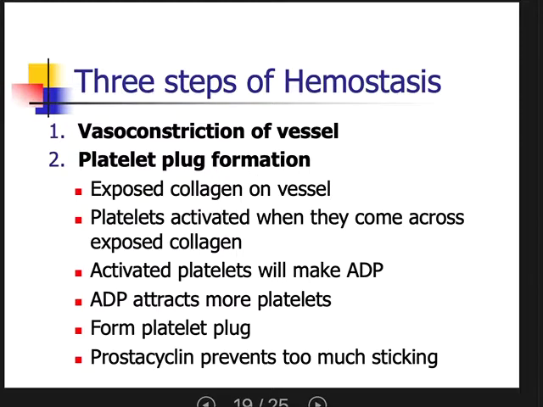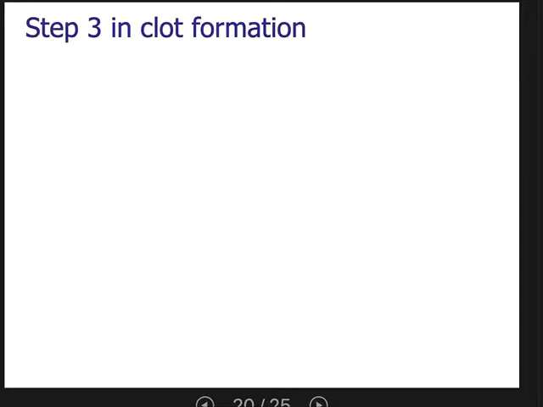We also, like I said, don't want to completely cut off blood flow. We do limit it, but we don't want to completely shut down the vessel. So we have something called prostacyclin, which will prevent too much sticking so you don't get such a big plug that you actually cut off your circulation.